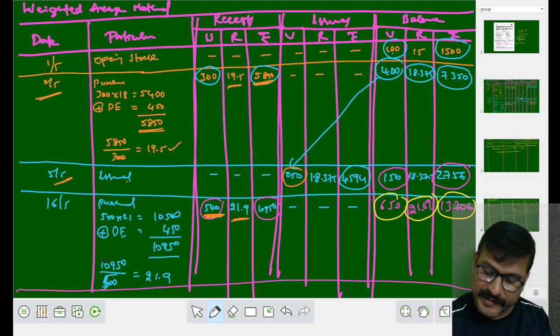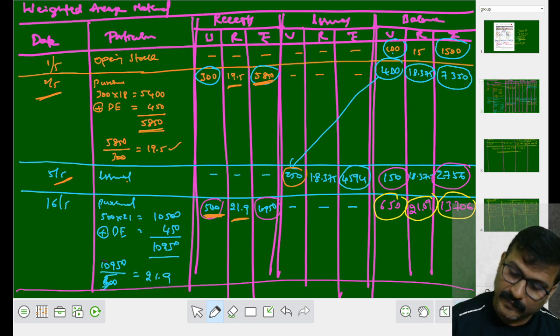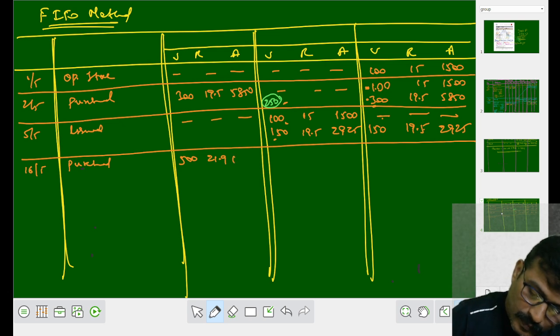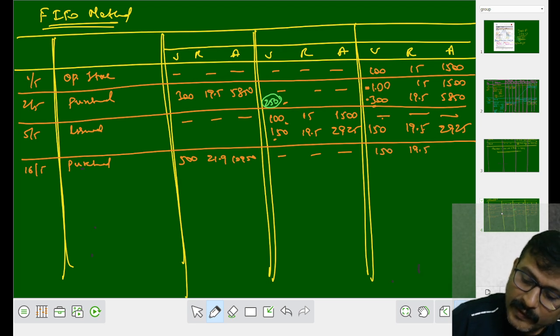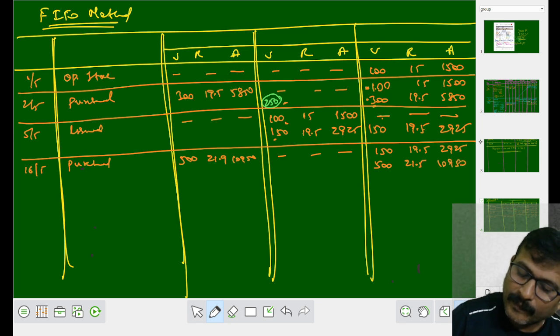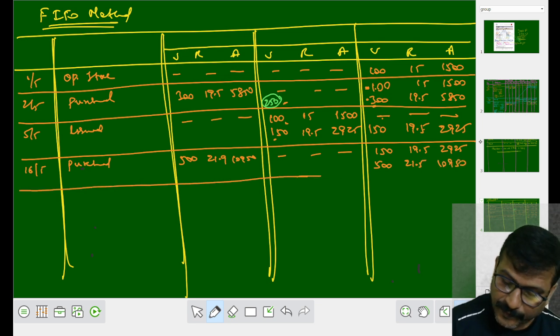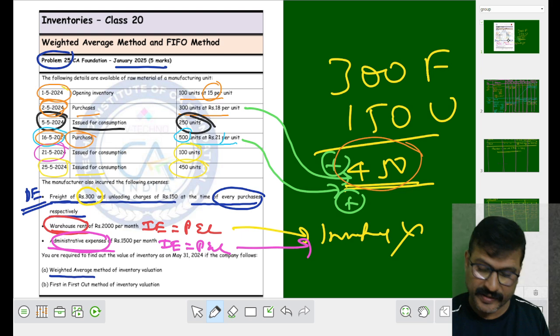An amount of rupees 10,950. Now 150, 19.5, 2,925, 500, 21.5, 10,950. That completes the 16th.